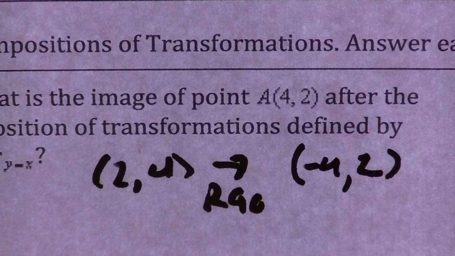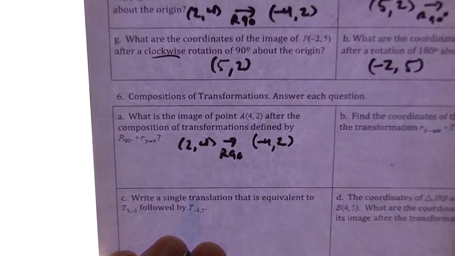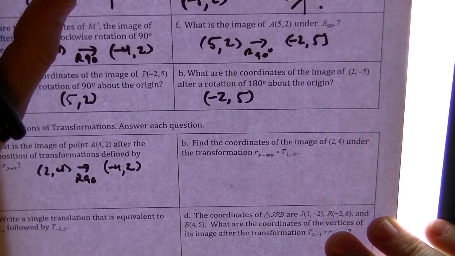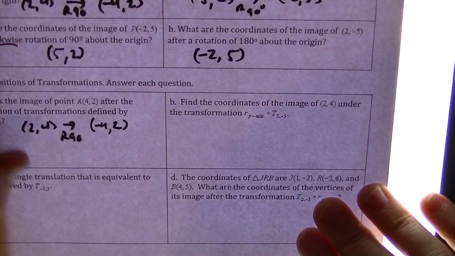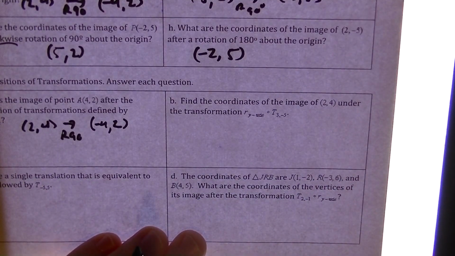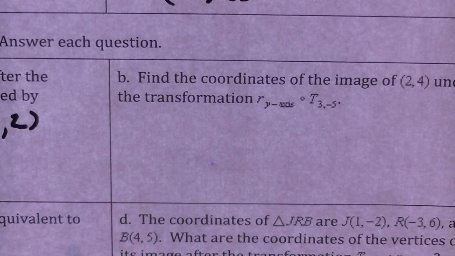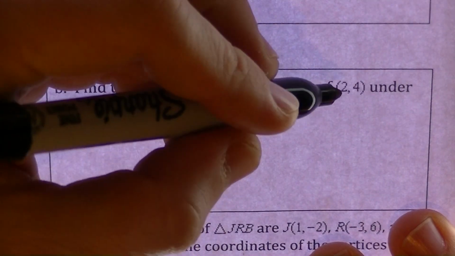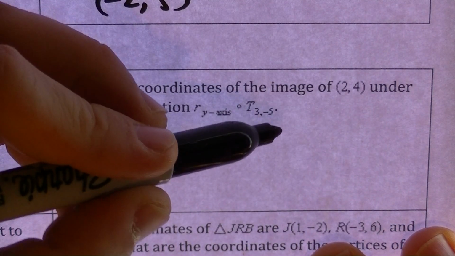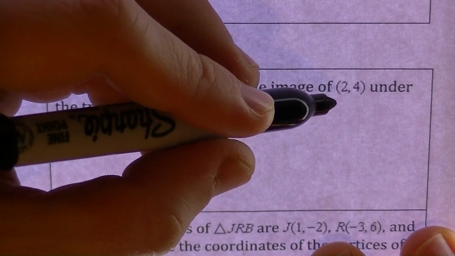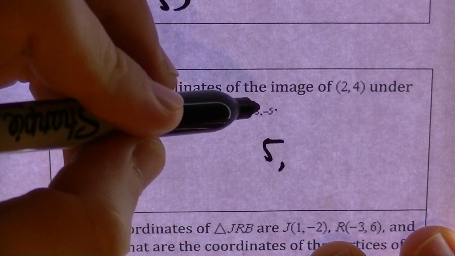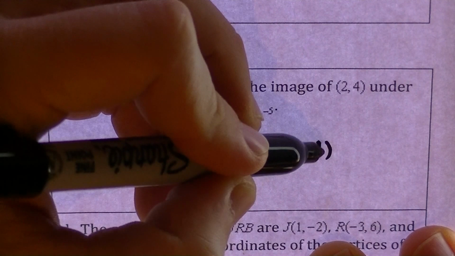Let's keep going on to the next question. Find the coordinates of the image of (2, 4) under the transformation. I've got a translation followed by a reflection over the y-axis. So I started at (2, 4). I translate +3, -5. So 2 + 3 is 5, and 4 - 5 is -1.